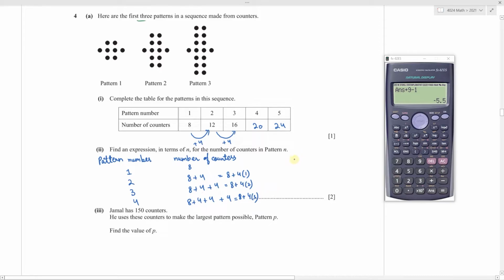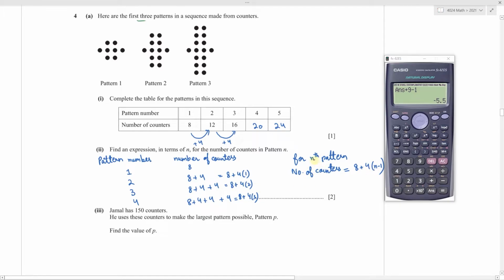So for the nth pattern, the number of counters will equal 8 plus 4 times n minus 1, because the number of 4s you add is 1 less than the pattern number.